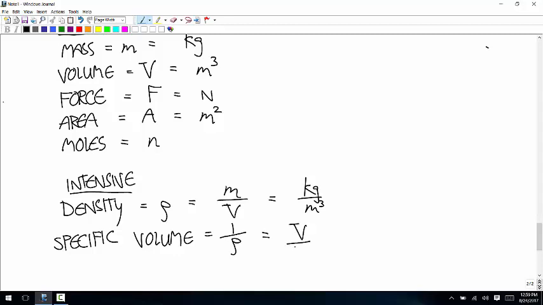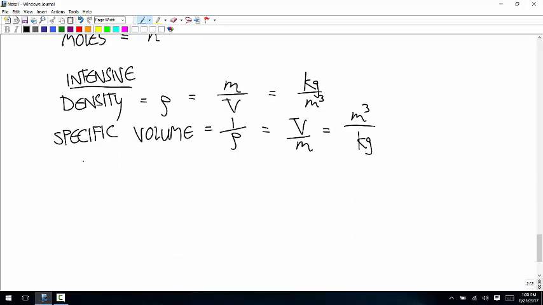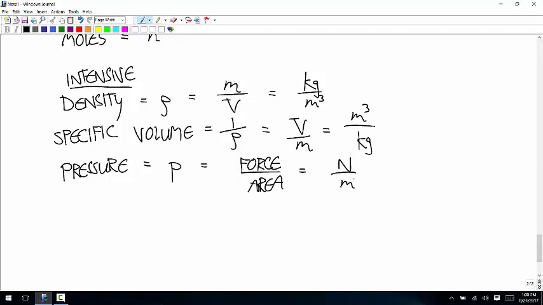That's volume over mass. Pressure, lowercase p, that's force over area. So newtons per meter squared. Temperature.